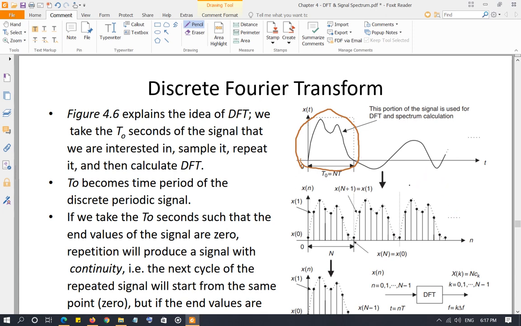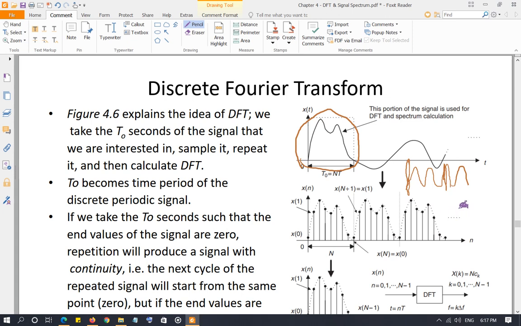Let me give you an example. Let's say you have a sinusoidal signal and you want to extract some time of this sinusoidal signal. Let's say I start from here at 0, but I just go up to this point, right? Instead of going to 0, I just went up to this point.